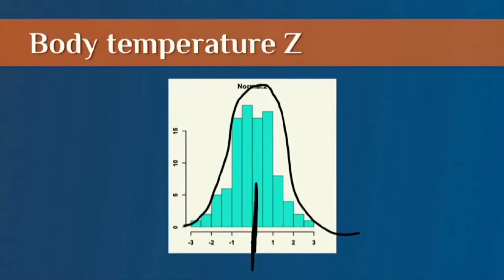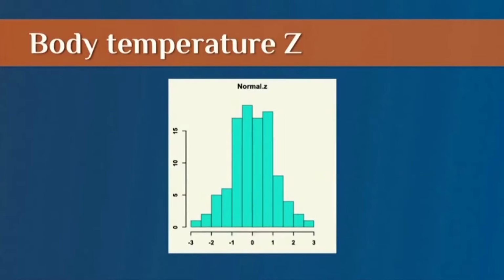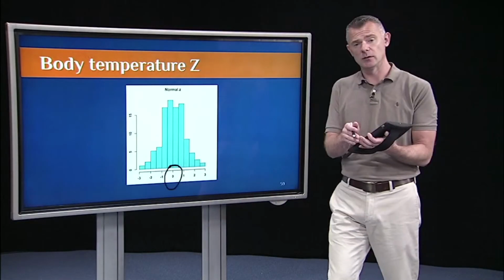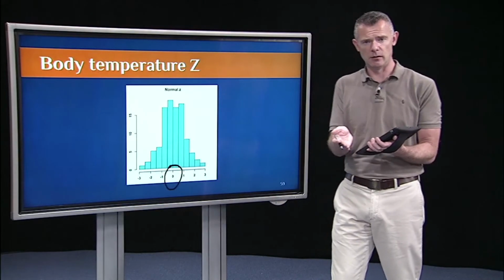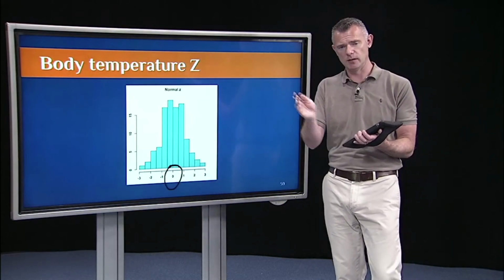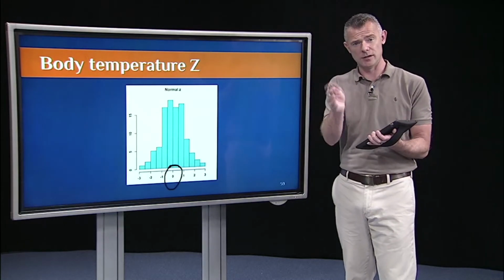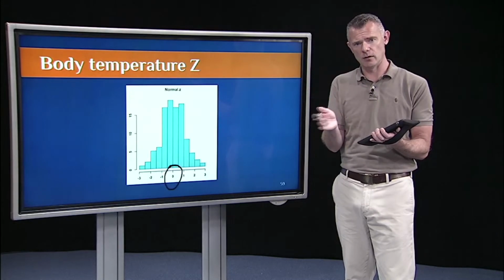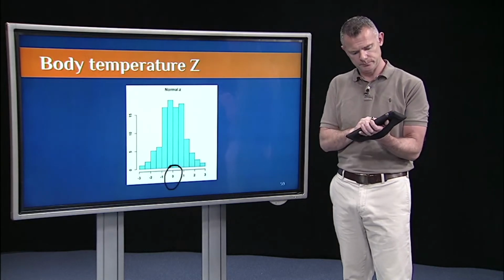Most importantly, the average is 0. So the average body temperature in terms of z-scores is 0. These are the same exact numbers from histogram to histogram to histogram. It's just in degrees Fahrenheit, degrees Celsius, or in z-scores. We just converted them. Direct conversion.